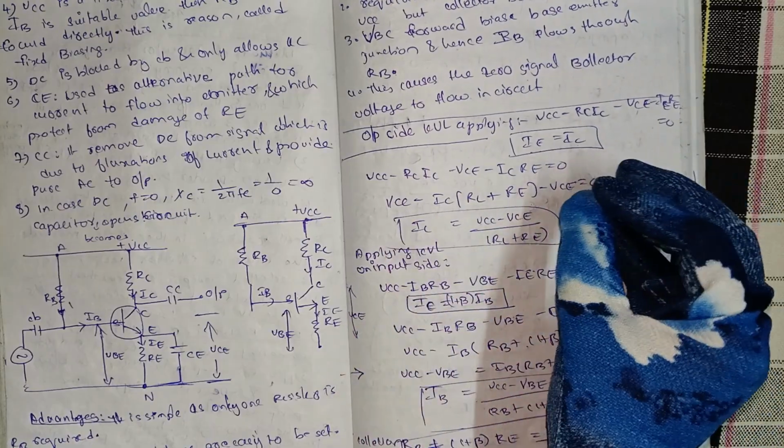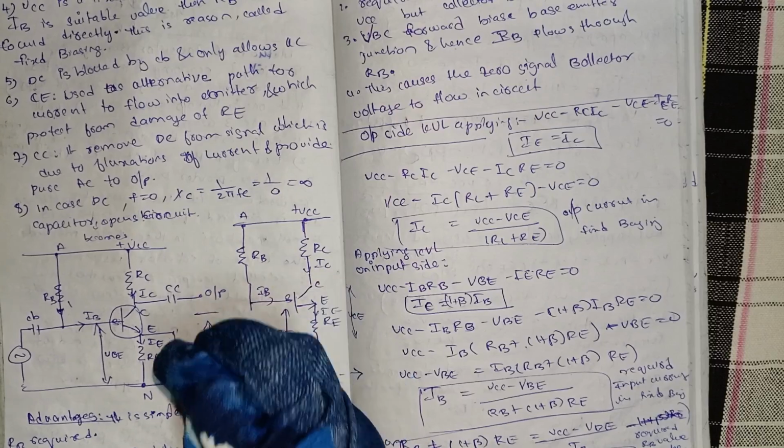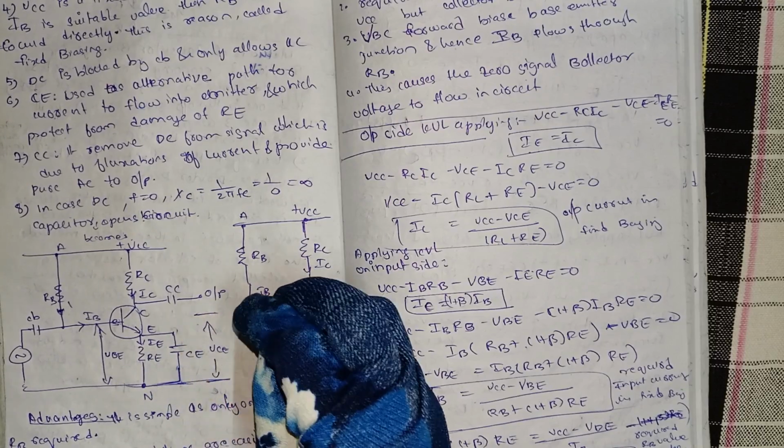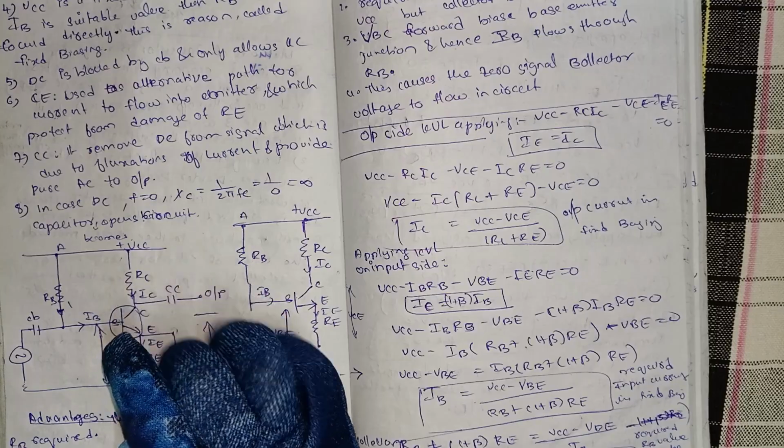By applying KVL at the output side of this circuit, we get IC, and by applying KVL on the input side, we get IB and RB also.